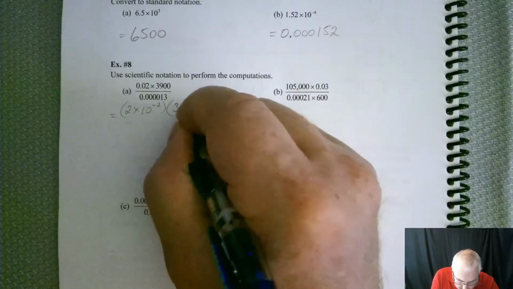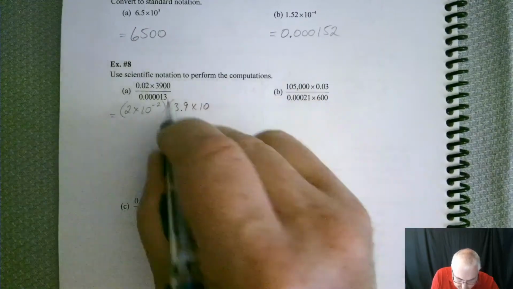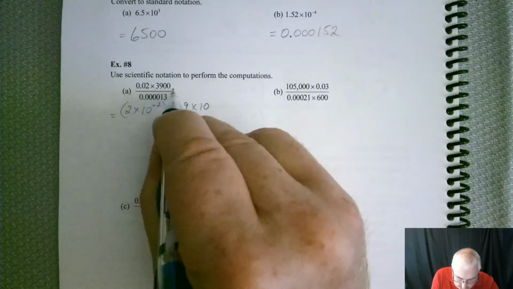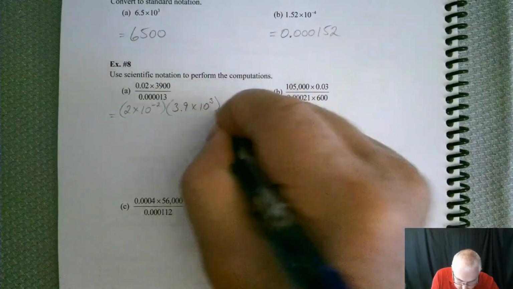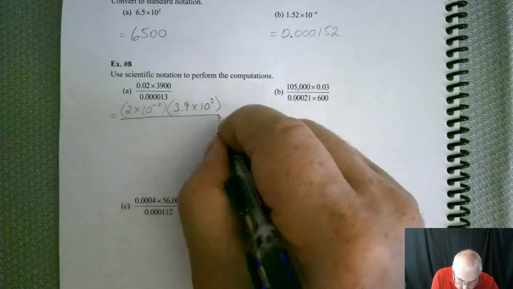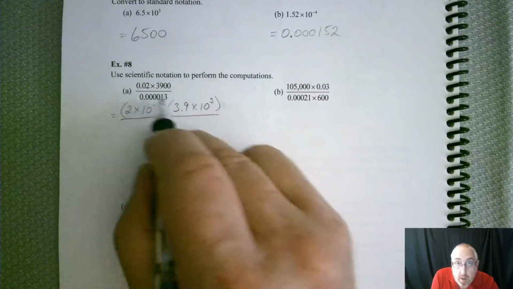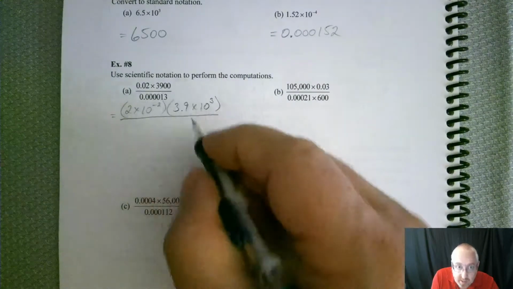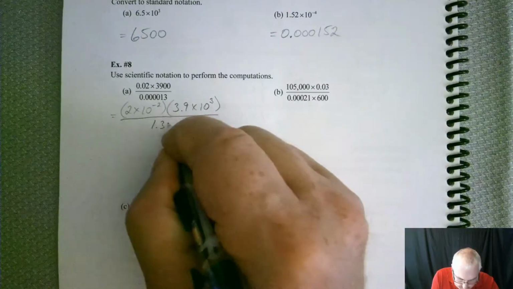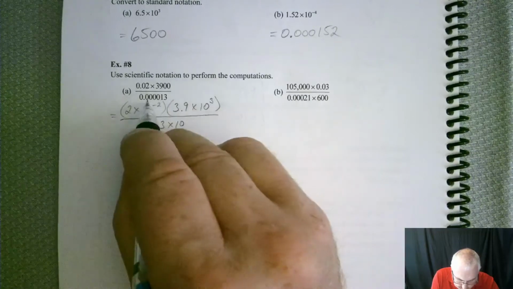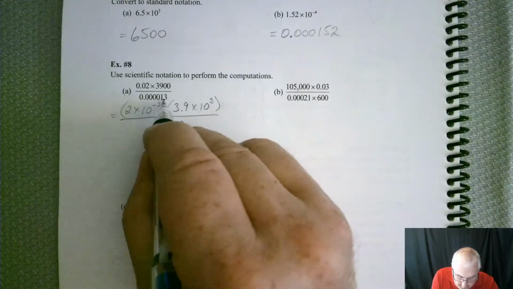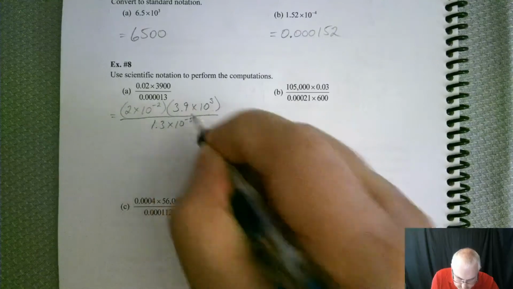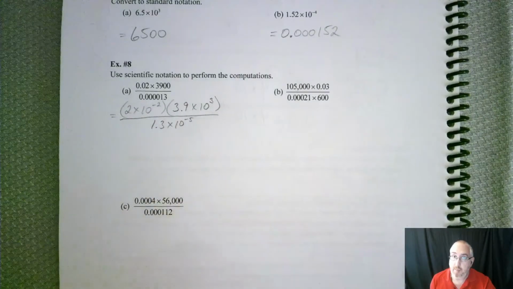So 3.9 times 10 to the 1, 2, 3 spots. And smaller than 1, so it's going to be a negative exponent. So 1.3 times 10 to the 1, 2, 3, 4, 5. So -5. So that's step 1, just to change them correctly.